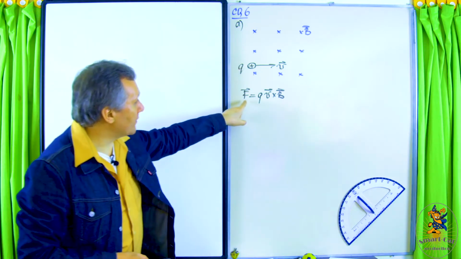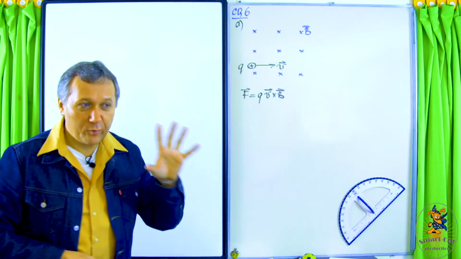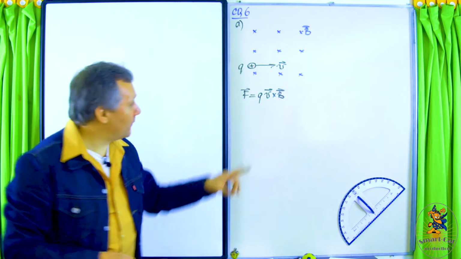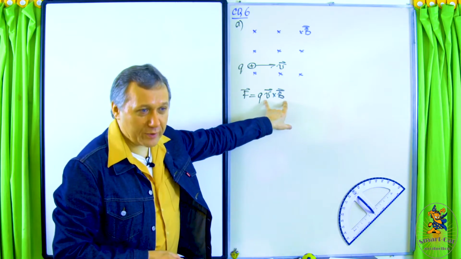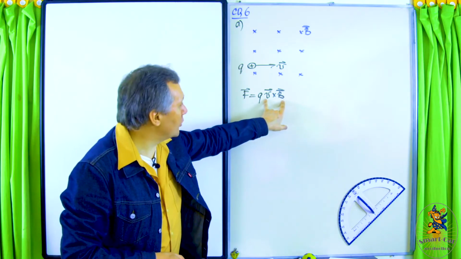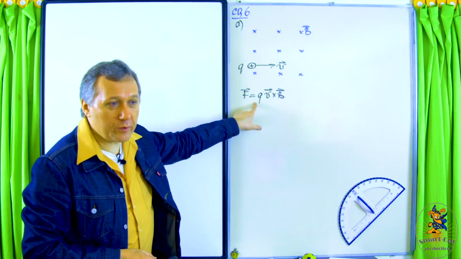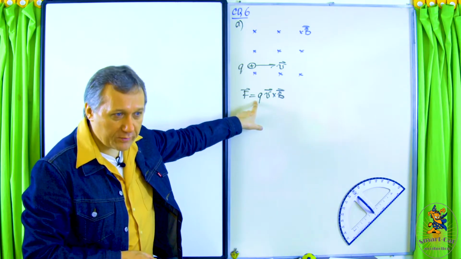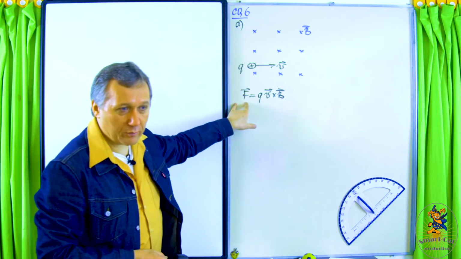In order to find the direction of the force, you remember we have to make 1.5 steps. First step, you need to look at the cross product, V cross B, and find its direction. Then once you know the direction, you need to look quickly at the sign of the charge. If the charge is positive, then this direction is the direction of the force.